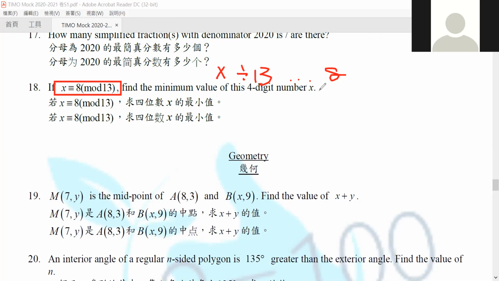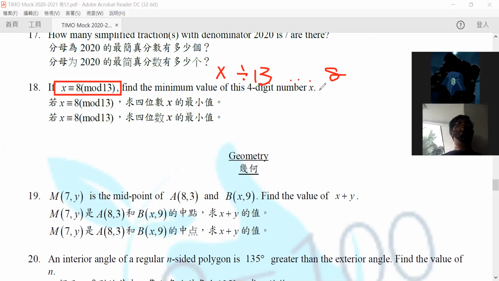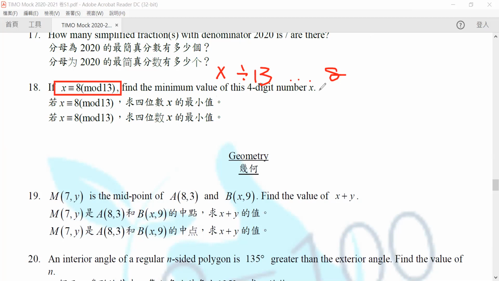So let us ask the following question. If this is a 4-digit number, let us understand it's 1000. 1000 is the smallest 4-digit number, right? So if we divide it by 13, what would be the result?